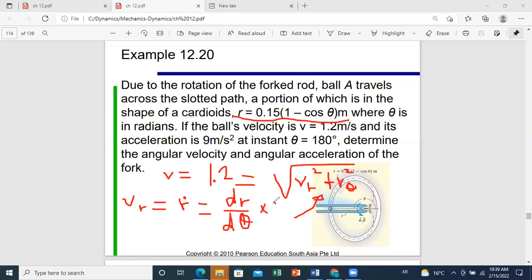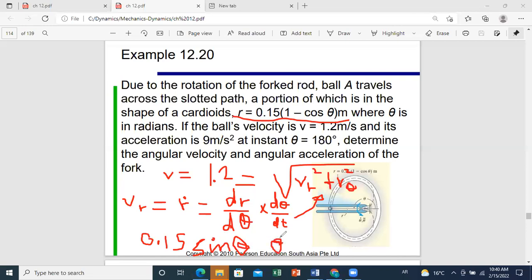Let us first derive the expression with respect to theta. We have minus cosine theta, the derivative is sine theta. So it's 0.15 sine of theta times theta dot.